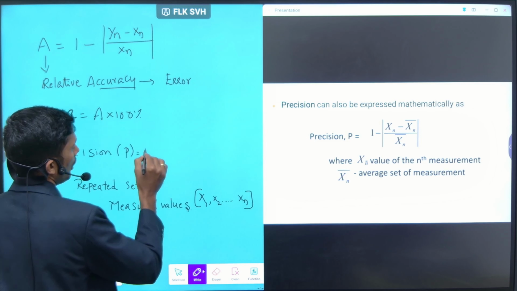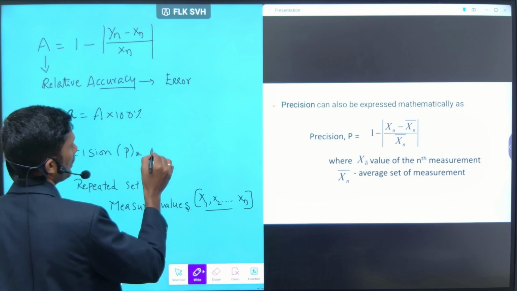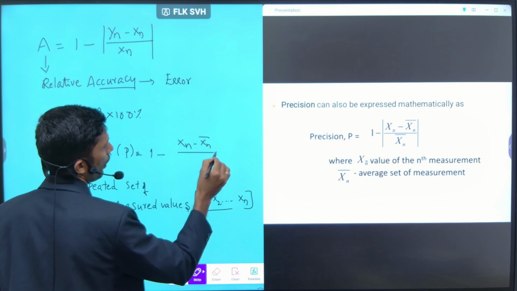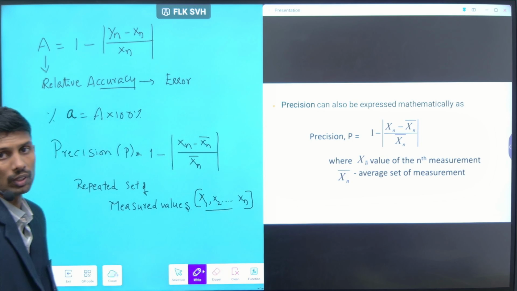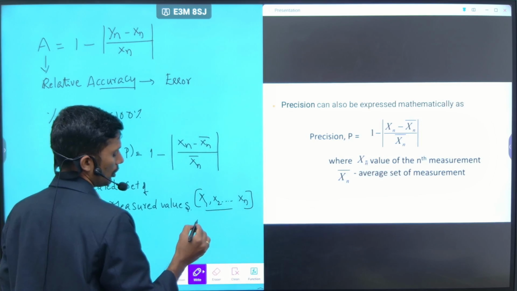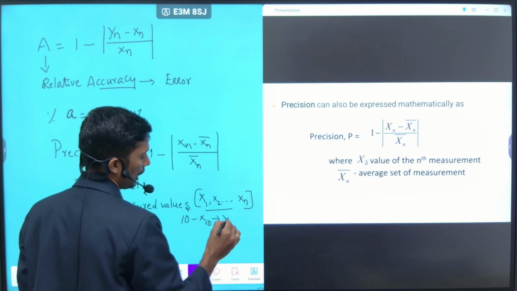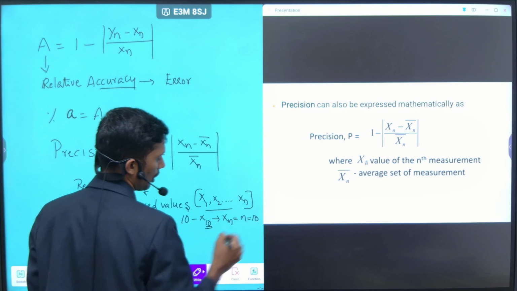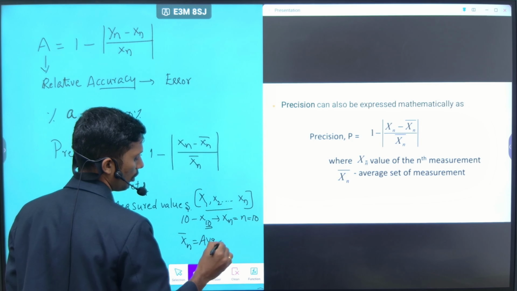So how can we calculate the precision value by using the n number of measurements? 1 minus xn minus xn bar by xn bar. That is the precision formula. Here xn means the nth value of measurements. For example, consider 10 measurements; x10 is the xn value, so n equals the 10th measurement. xn bar equals the average of the set of measurements.